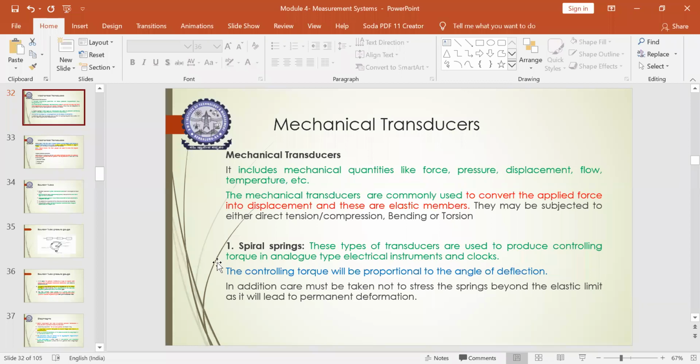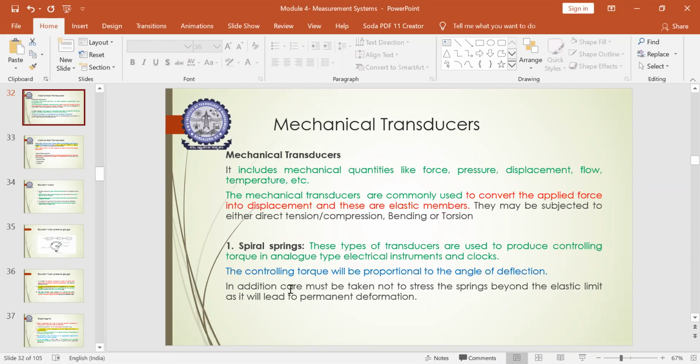It is not in digital, it is only in analog clocks that we use spiral spring transducers. The controlling torque will always be proportional to the angle of deflection, because you always need a constrained amount of torque to get the required deflection of the pointer in analog clocks.